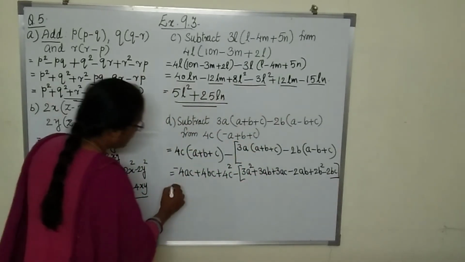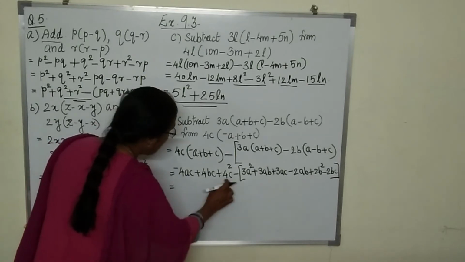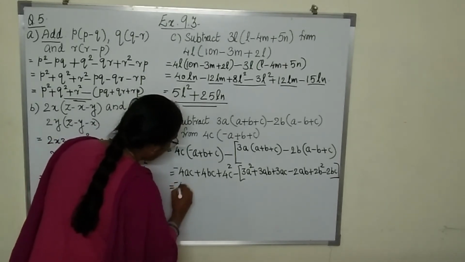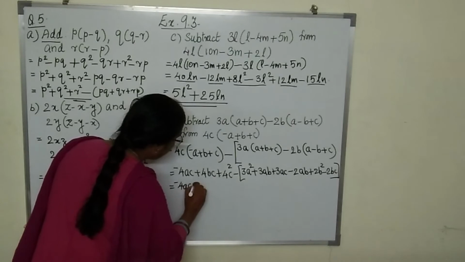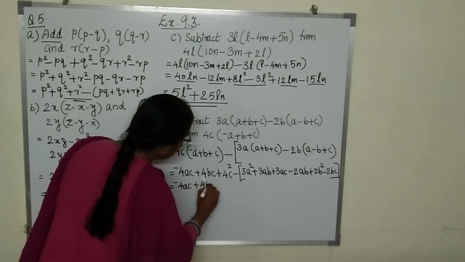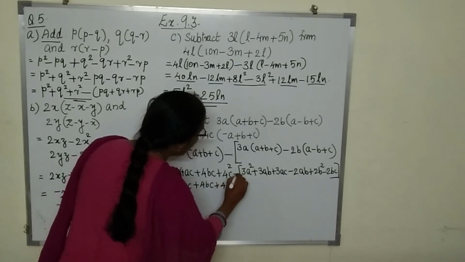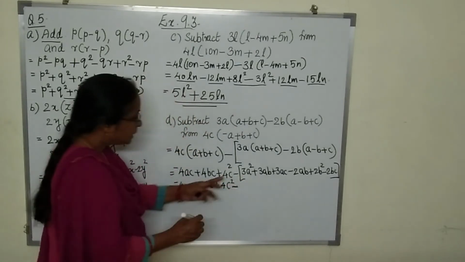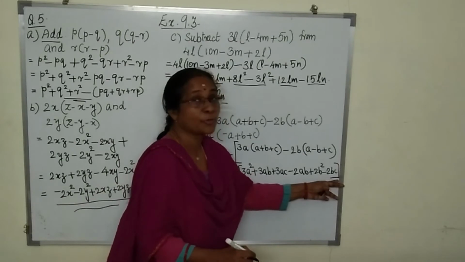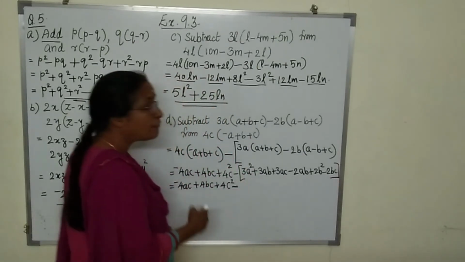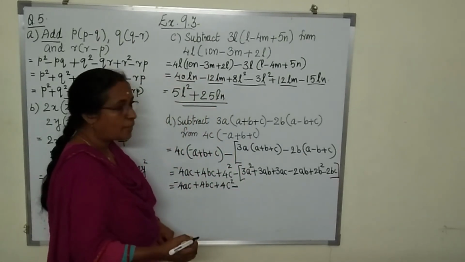Now this will remain as it is: minus 4ac plus 4bc plus 4c square. Now minus, these complete terms need to be subtracted, so every term will become its opposite.